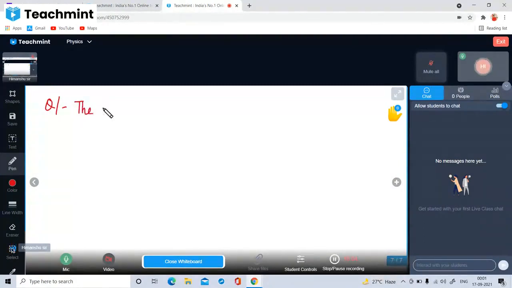The current I in a coil varies with time, as shown in the figure.